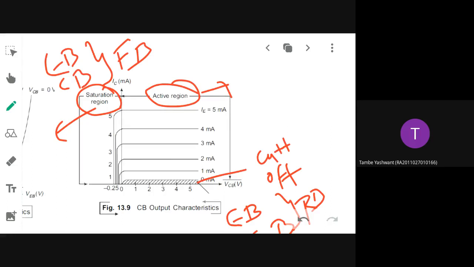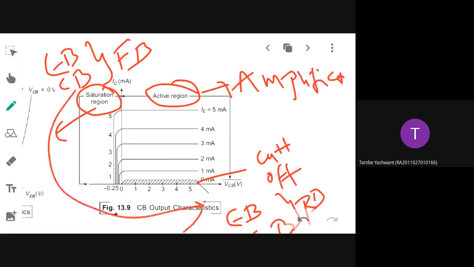Switching means what region of operation, and amplification means what region of operation? Three or four times I have told the same thing in the class. Amplification means active region. Switch off means cutoff. Cutoff means off state, and saturation means on state. So depending upon the region of operation, the application of BJTs will differ.